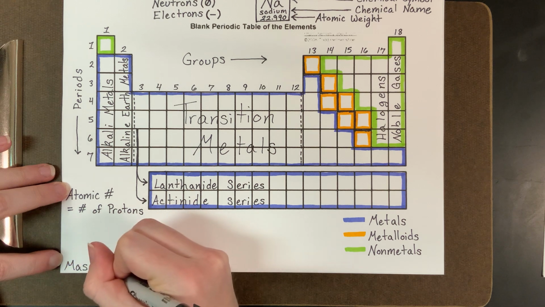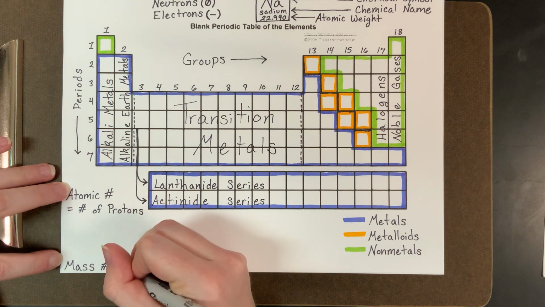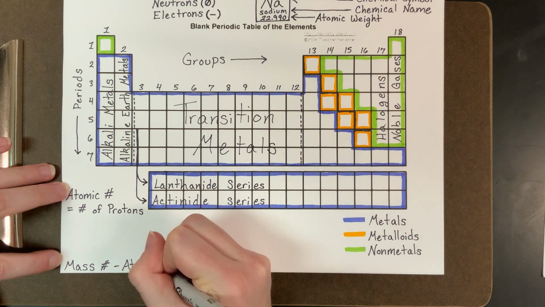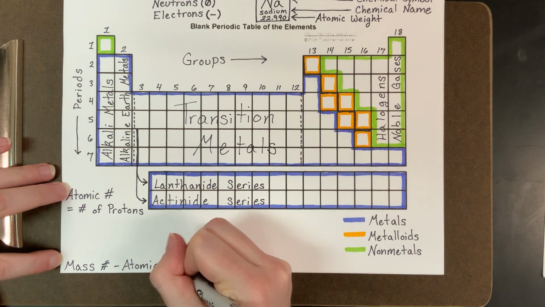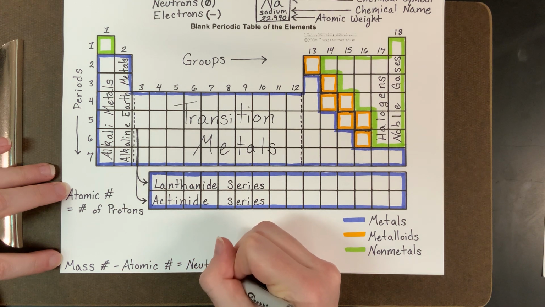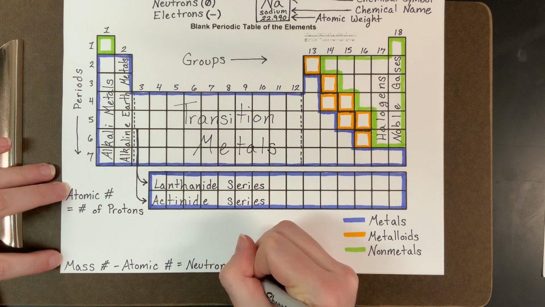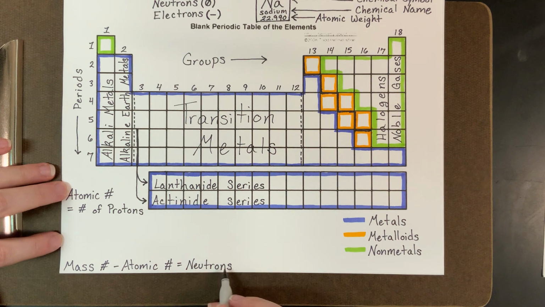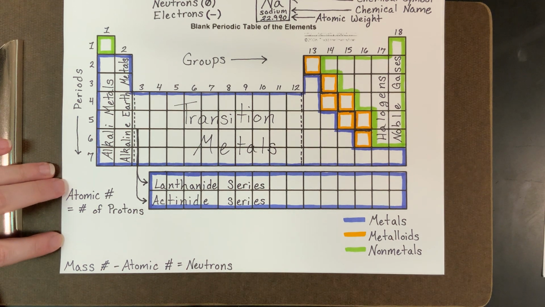because your mass number minus the atomic number is equal to your number of neutrons. We can rearrange this formula, so if I am looking for neutrons, this is a really handy equation.